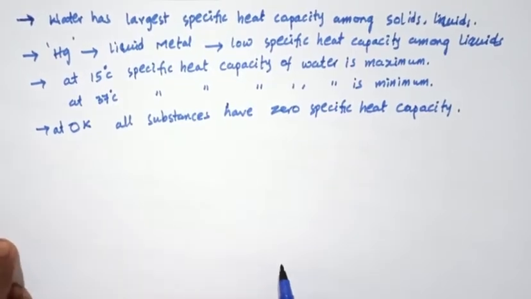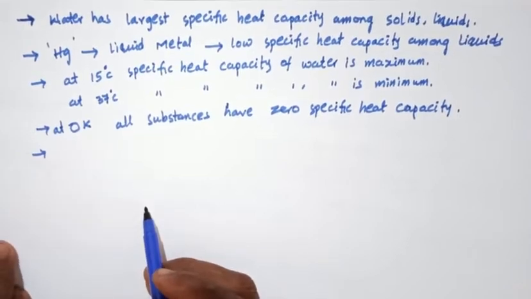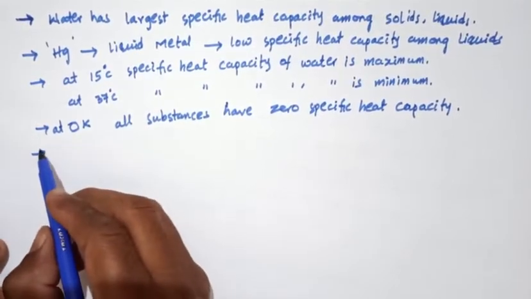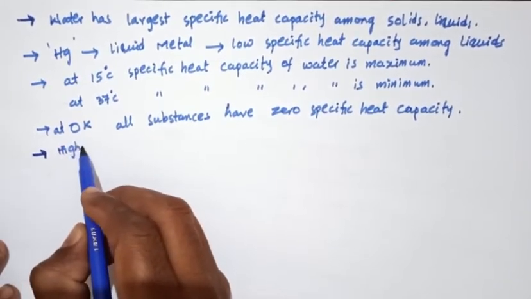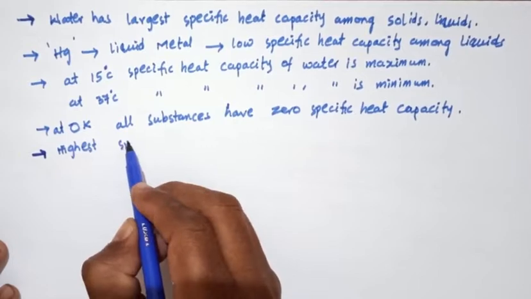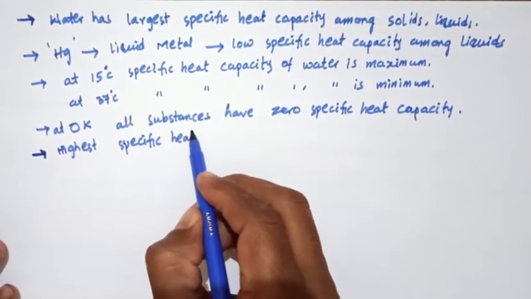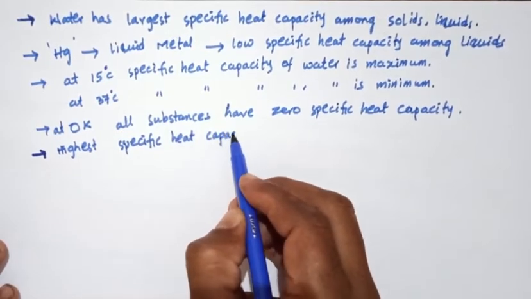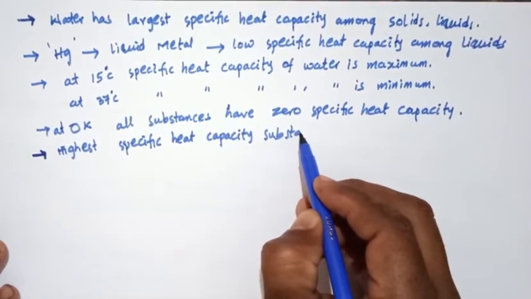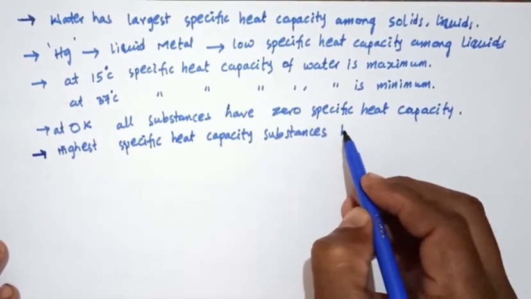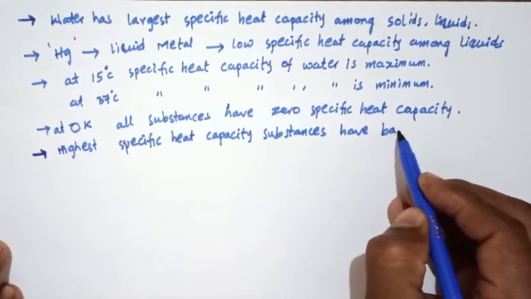Substances with the highest specific heat capacity are bad conductors of heat.